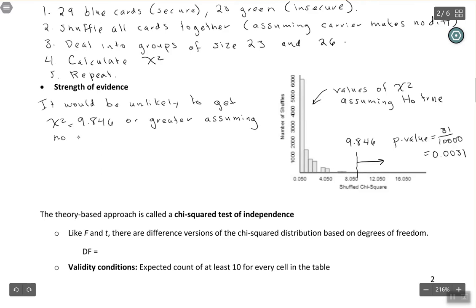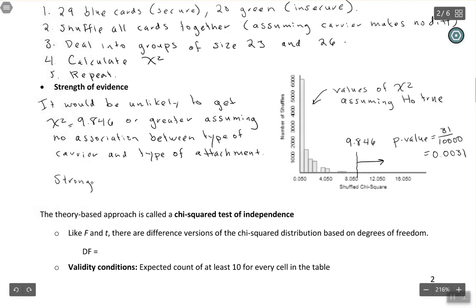So assuming that there were really no association between type of carrier and type of attachment. So it would be very unlikely to get this kind of result just by chance. So if this is unlikely to occur by chance, then our conclusion is that we have strong evidence of an association.